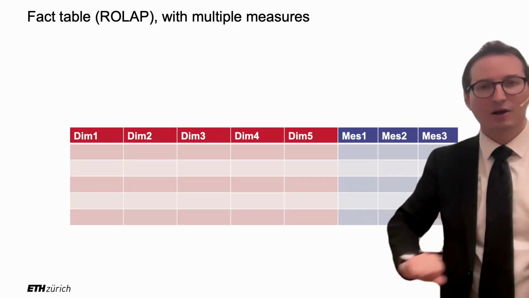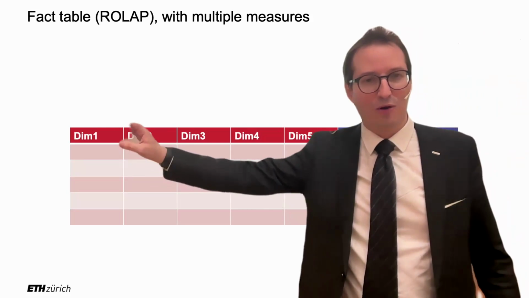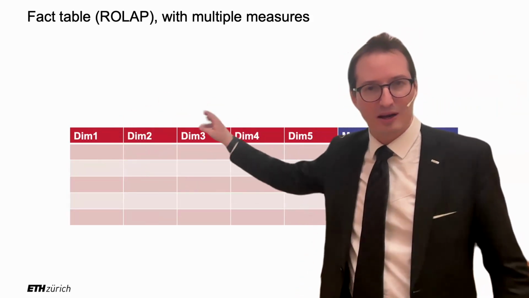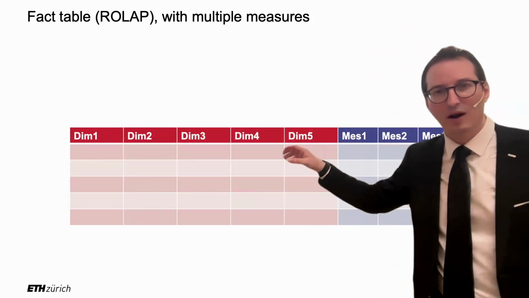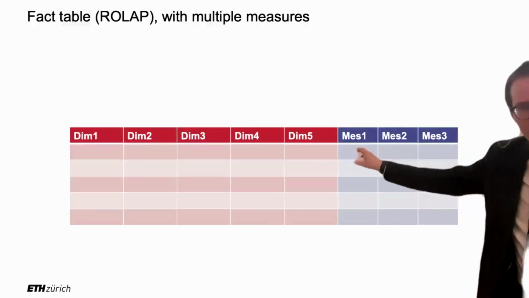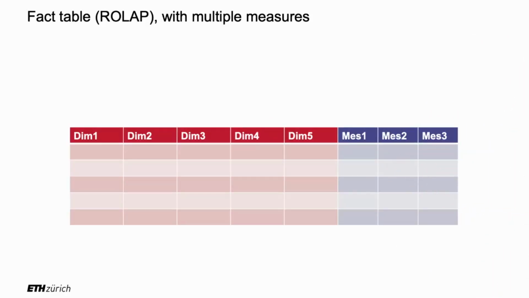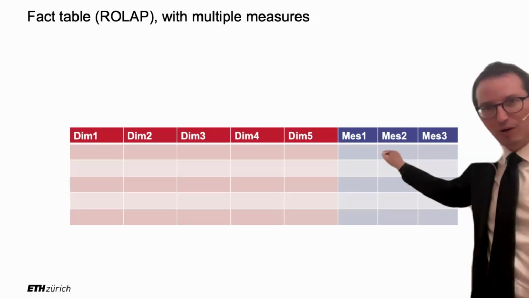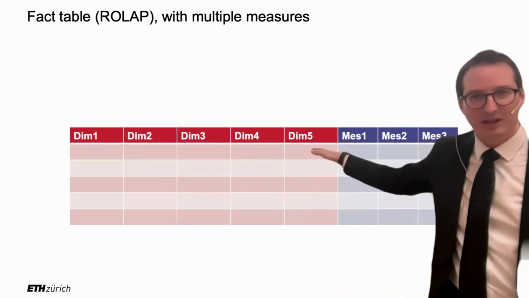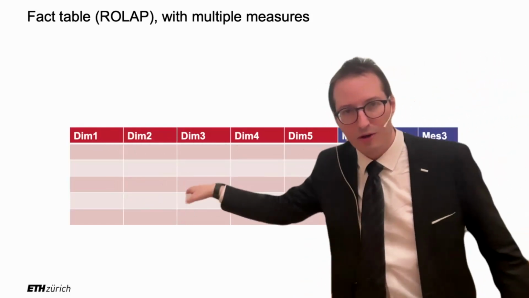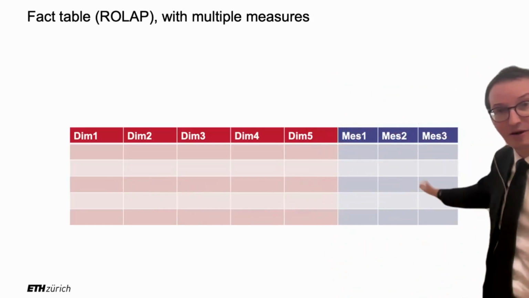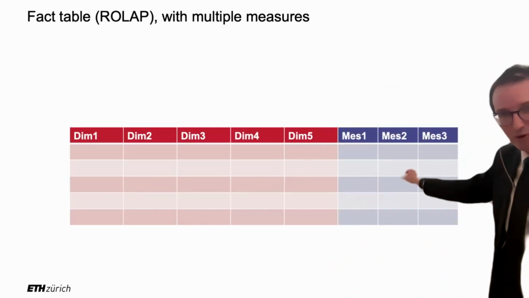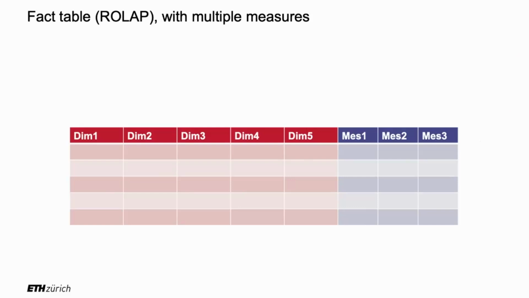For example, you could say that for Digitec Galaxus in Switzerland for the year 2024, then the revenues were such, the expenses were such, and the profits were such. Right? So these are what the measures are, and they all have in common the combinations of dimension. And then for another year, another company, and so on, then you would have different expenses, profits, and revenues there.